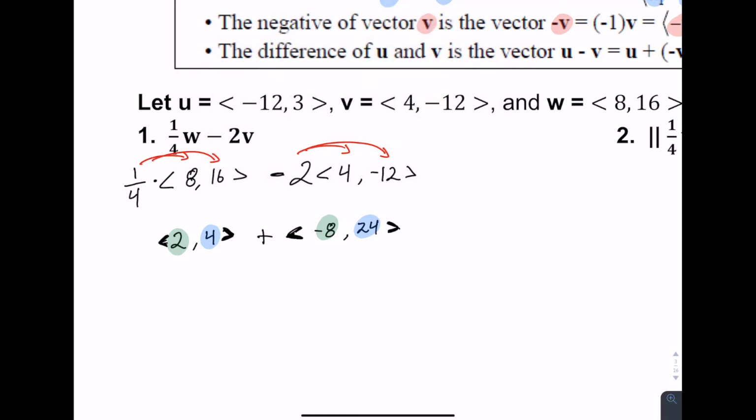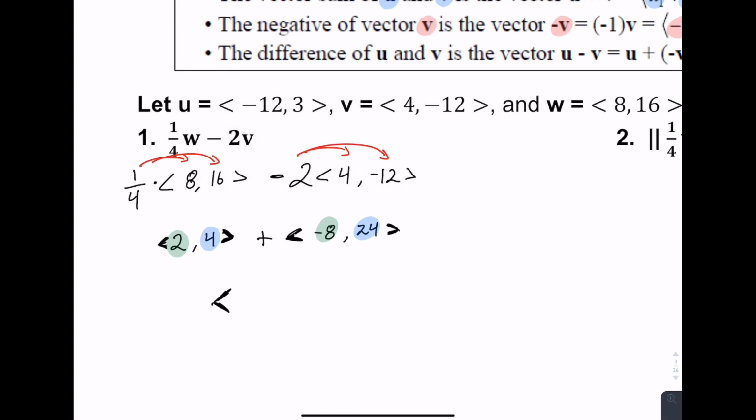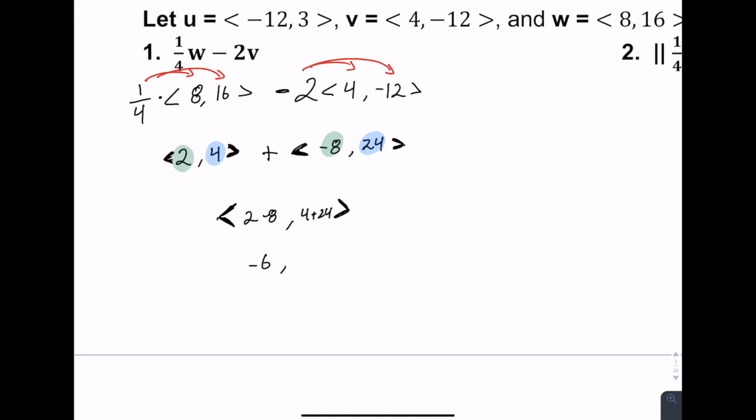So then we go, I'll draw my vector. So 2 minus 8, so the two greens, 2 minus 8, and then the two blues, 4 plus 24. So this would be negative 6, comma, 28. And there's our answer.